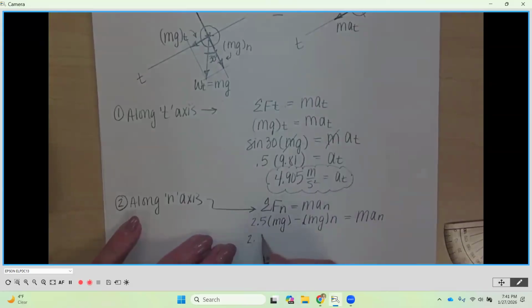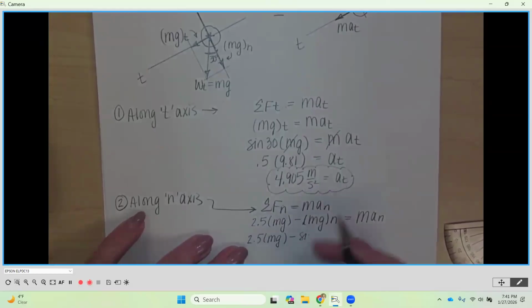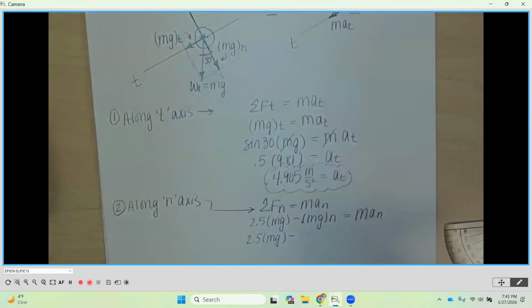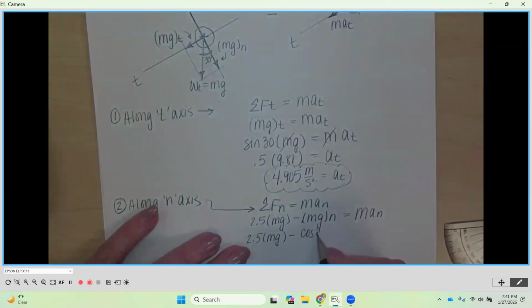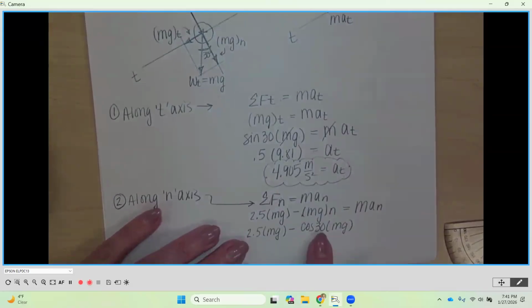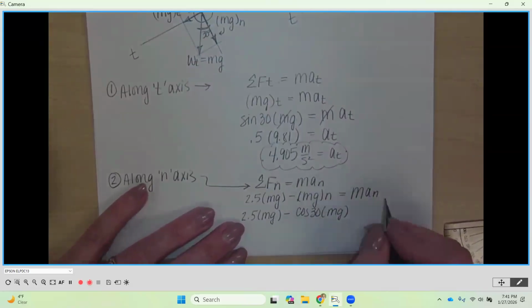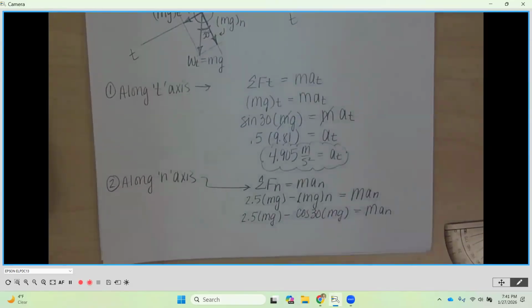So we're going to leave that 2.5 mg out here minus cosine of 30 times mg. That's the normal component, is equal to mass times acceleration normal.